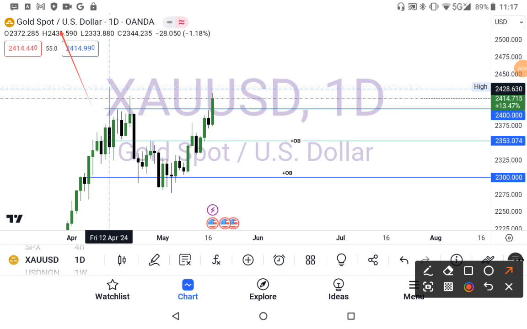That was the high of that candle. And that candle will be rammed. So I'll be going for 2450 barest minimum.